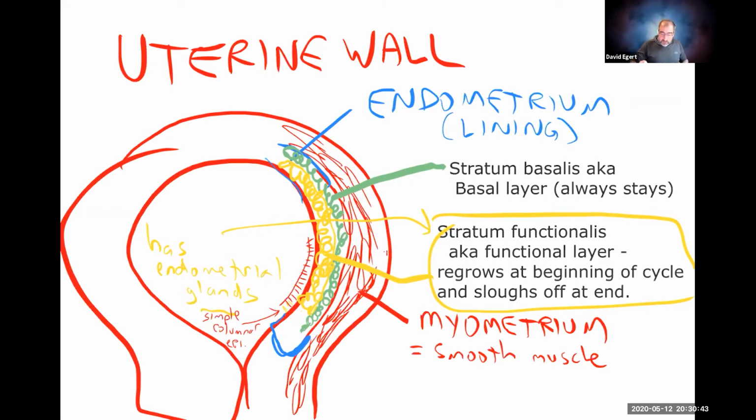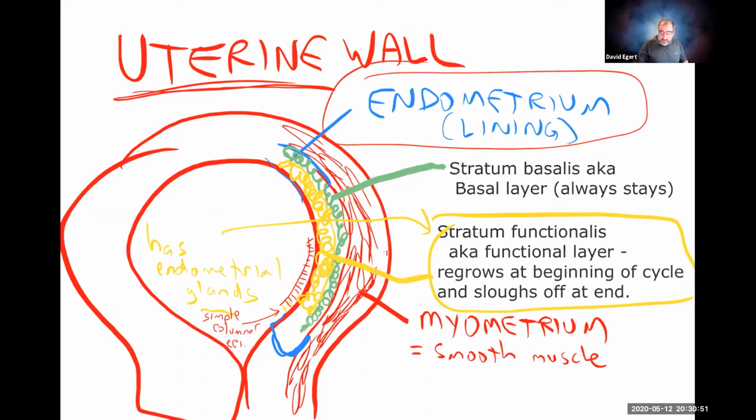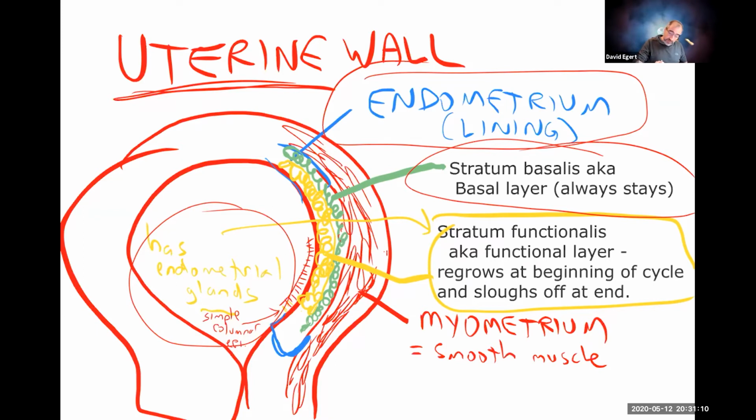So now that we've added in this idea of the uterus and the endometrium, which has this stratum basalis, or basal layer, that always stays there, at the beginning of the cycle this stratum functionalis, this functional layer, regrows and makes a bunch of new little glands. At the end of the cycle, the little blood vessels supplying this start pinching off.